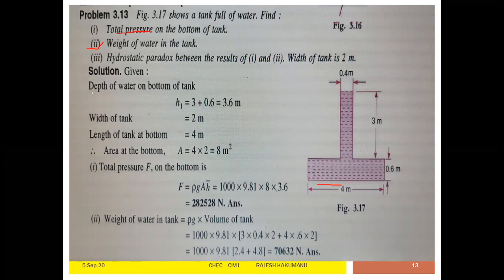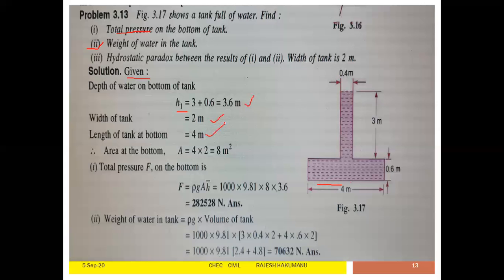Now from the question, write the given data. The depth of water on the bottom of the tank, H1, is equal to 3 plus 0.6, which is 3.6 meters. The width of the tank is 2 meters. The length of the tank at the bottom is 4 meters.